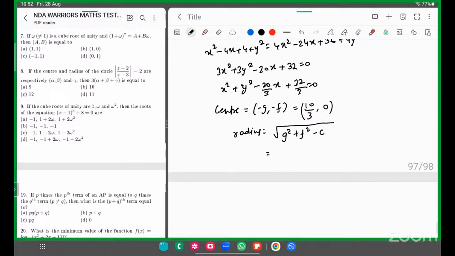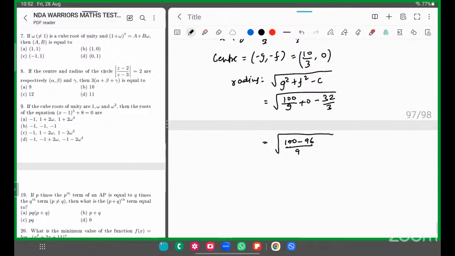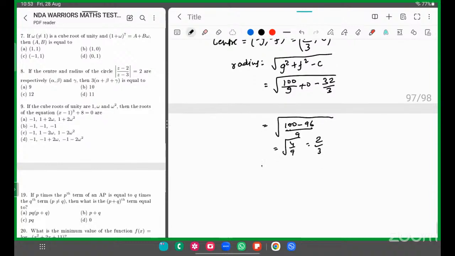So g square will be 100 upon 9, c is 32 by 3, so 100 minus 96 over 9. So we are going to get 4 by 9, that is 2 by 3. We got the radius as 2 by 3. Therefore, r equal to 2 by 3.